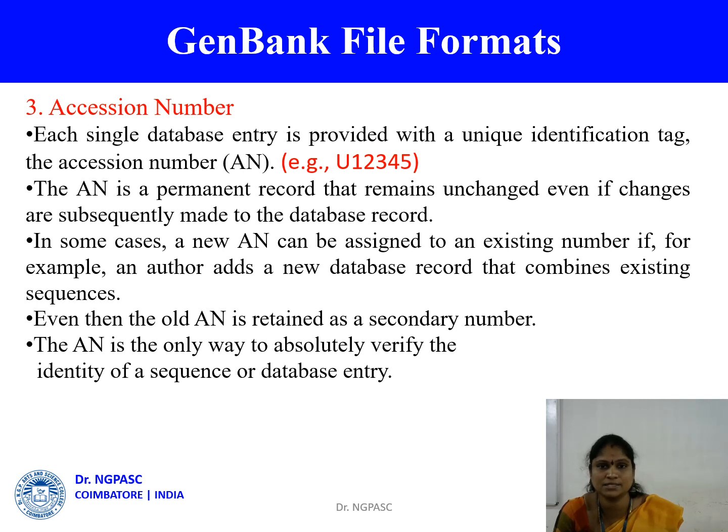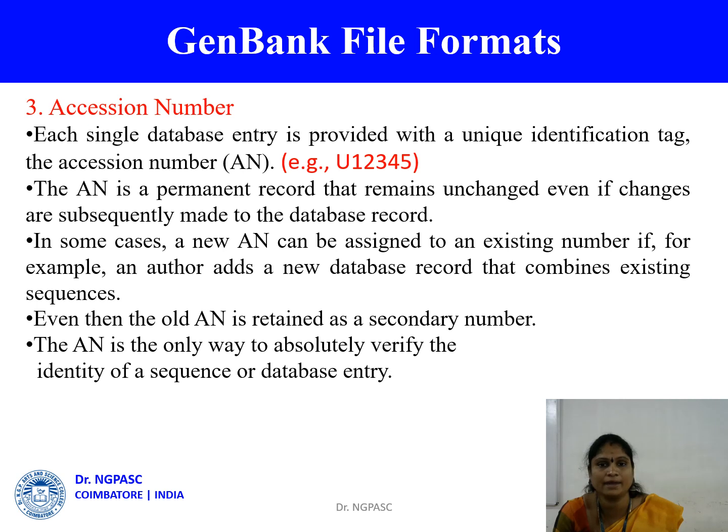In some cases, a new AN can be assigned to an existing record. For example, an author adds a new database record that combines the existing sequences. So in that case, a new AN can be added. Even then, the old AN is retained as a secondary number.